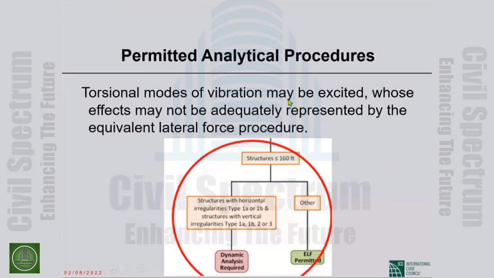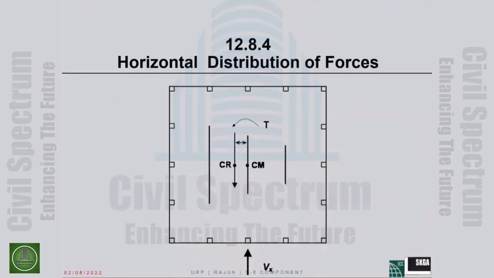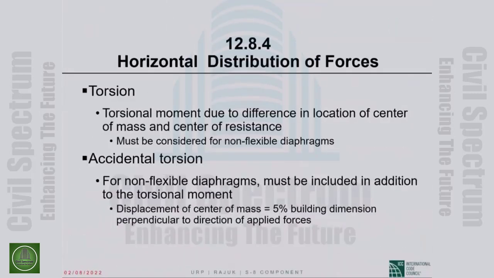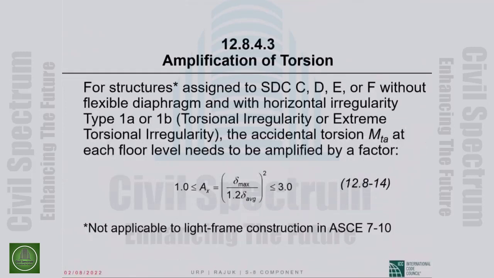Torsional modes of vibration may be excited whose effects may not be adequately represented by the equivalent lateral force procedure. You just saw that picture, explanation of torsion, and I had this page, the amplification of accidental torsion.